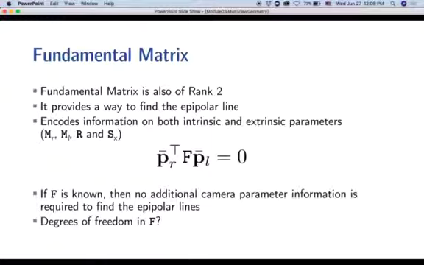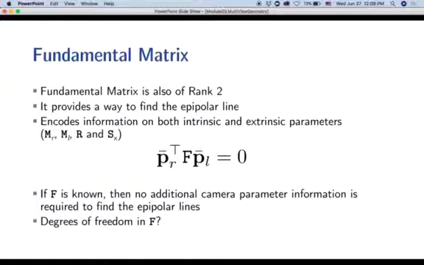So really think about this. One freedom is restricted because the scale factor does not matter, and another freedom is restricted because there is a rank restriction. The rank is less by 1. When I'm writing the third column, if I write the first term and the second term, I can't independently write the third term, because I have to choose it such that the rank restriction applies.